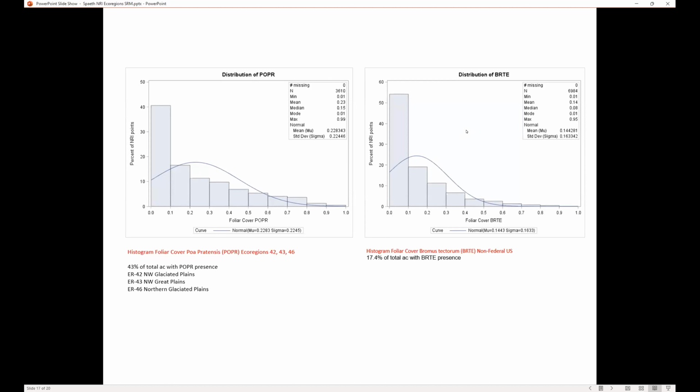Okay, let's look at cheatgrass brome. This is for the entire US. The average foliar cover percentage of cheatgrass where it occurs is 16%, and it occurred on 55% of our NRI points.